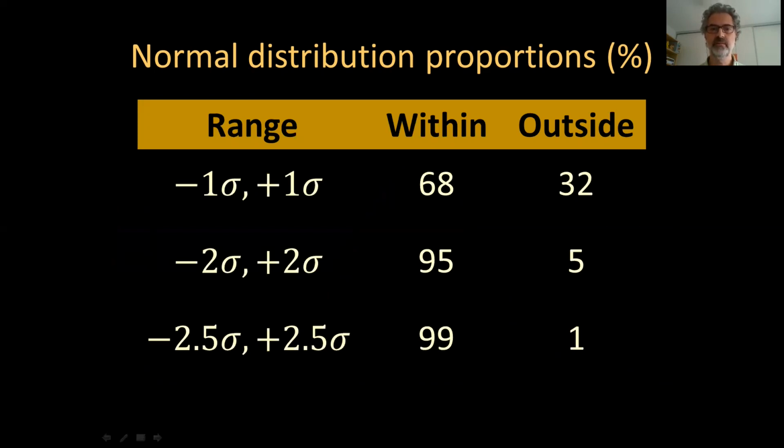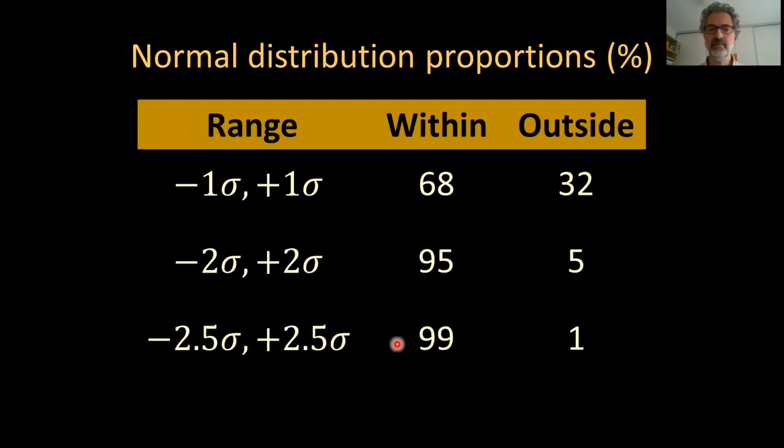So whenever you can reasonably justify calculation of a mean and a standard deviation, whenever your data are approximately normally distributed, there is an intimate, mathematically based connection between standard deviations and proportions. So 68% of your data are within 1 standard deviation away from the mean, and 32% are outside, are farther from the mean than 1 standard deviation. 95% of the data are within 2 standard deviations from the mean, and 5% are farther than that.